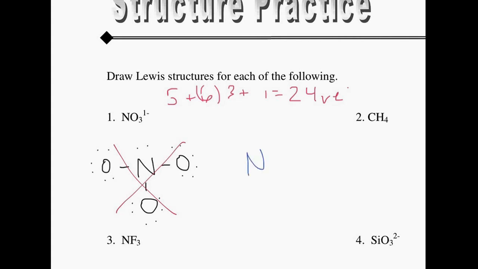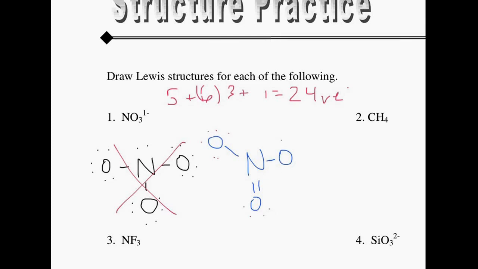So now I'm left to try it over again. I've got N, O, O, but this time I'm going to try it with one of them being a double bond. Now, this O only has 2 electrons, so it needs 6 more. Now it's got its 8. This O over here has 4 electrons, and so it only needs 4 more.